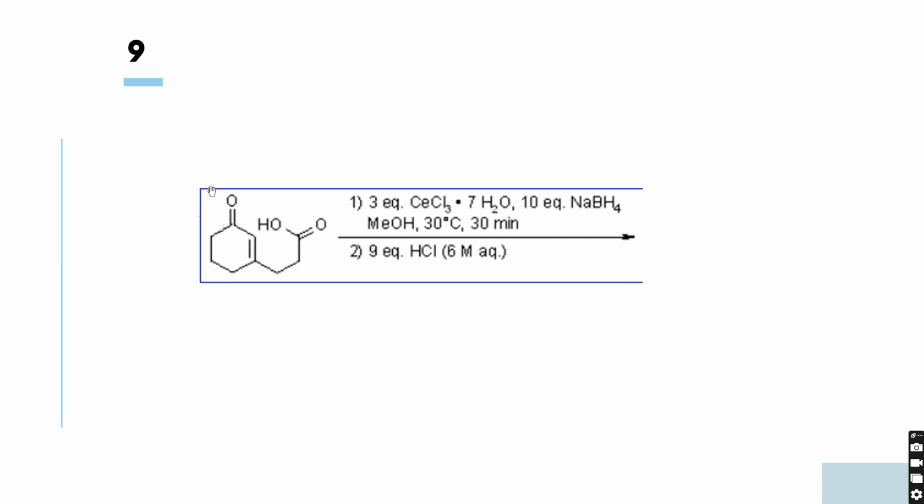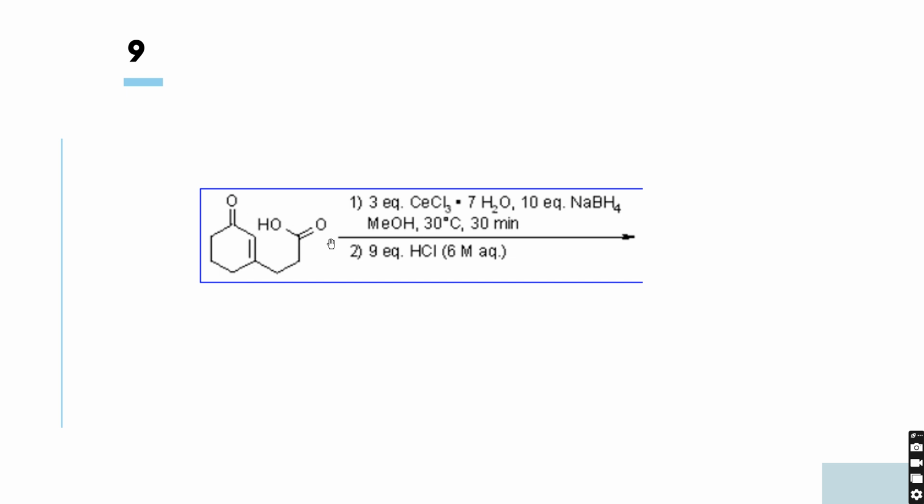When you have the possibility of 1,2 addition and 1,4 addition in alpha beta unsaturated ketones, they will always prefer 1,2 addition at the ketone. That means they will not touch the alpha beta unsaturation, they will only react with the keto group. That is the specialty of Luche reduction.